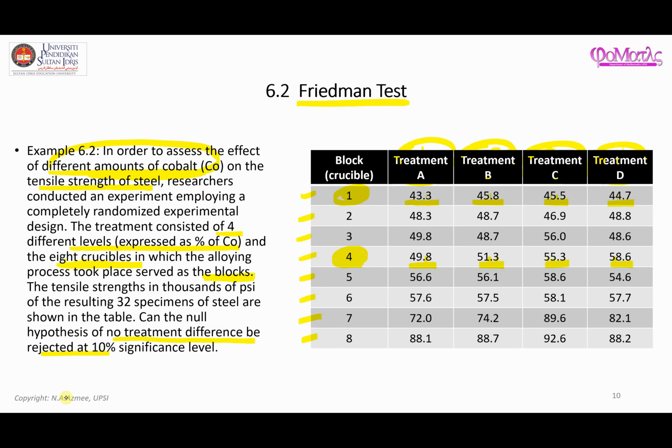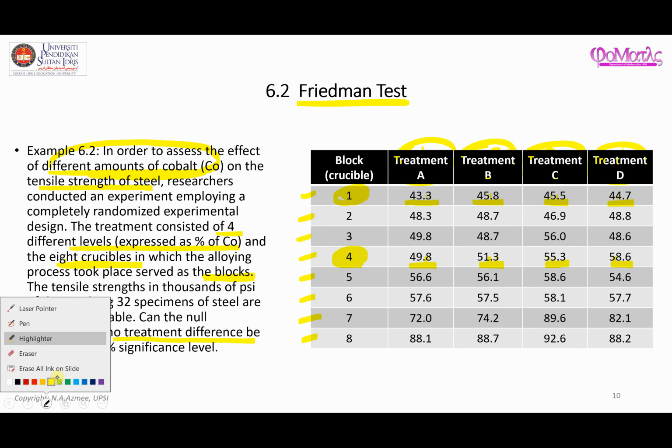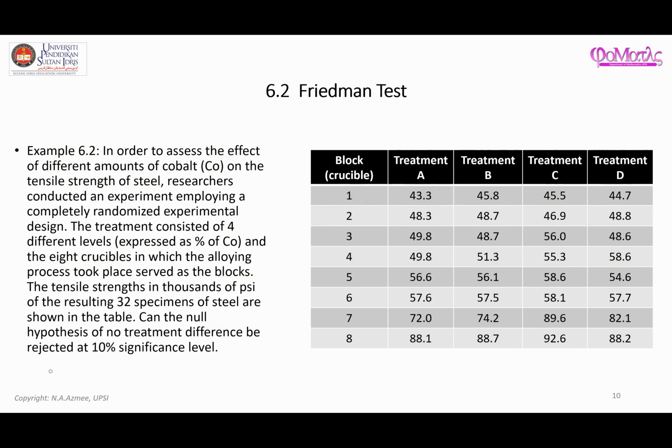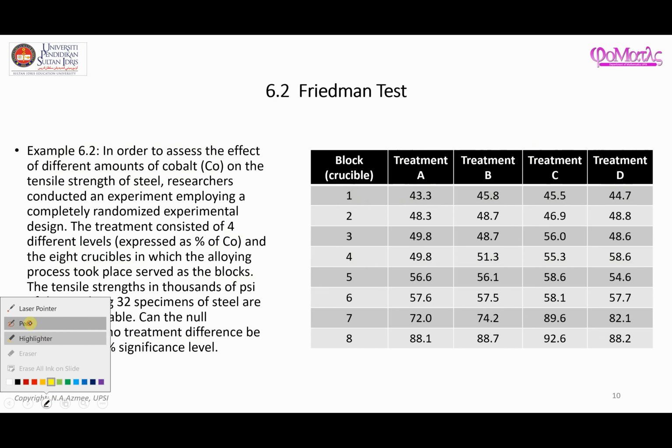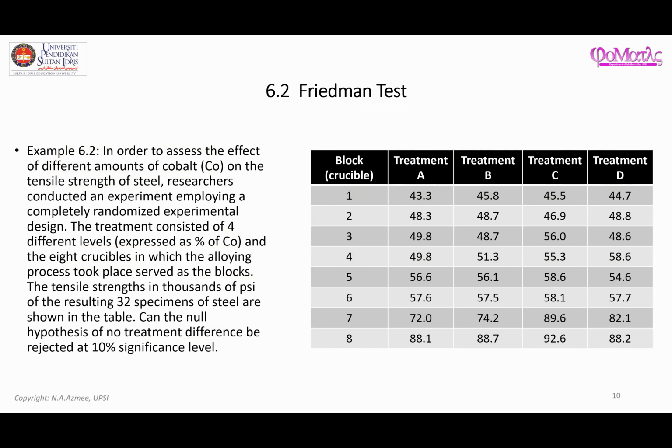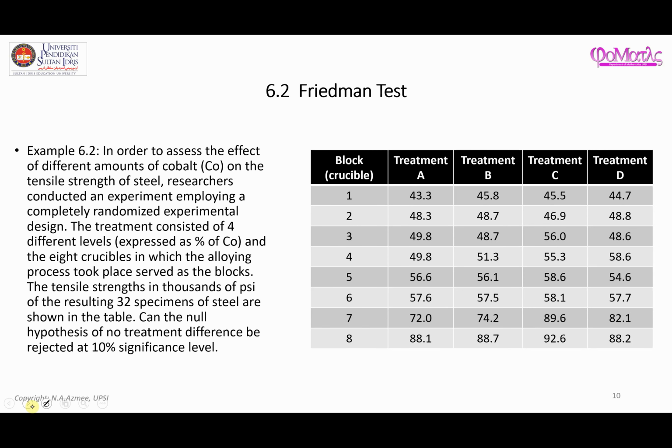Having said that, let's start off with the first step of the data analysis, which is writing down the hypothesis statements. Again, you can use the structured way of writing the hypothesis statements as I have discussed in the previous video.